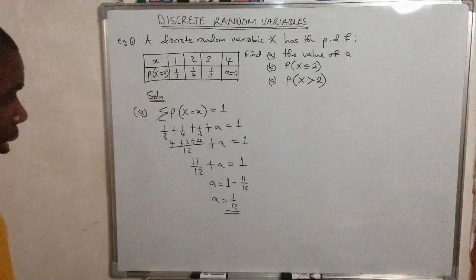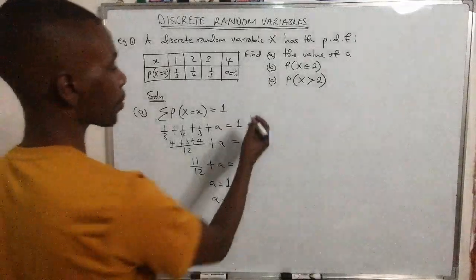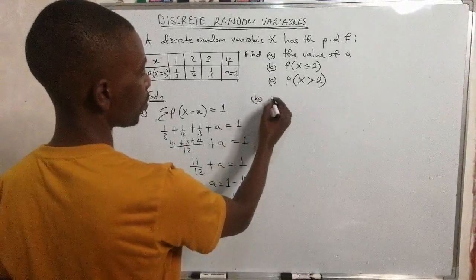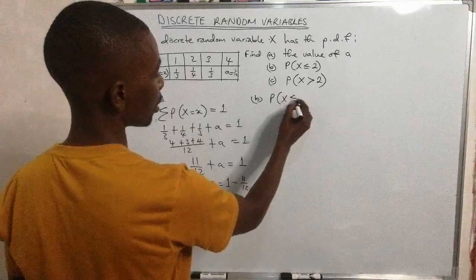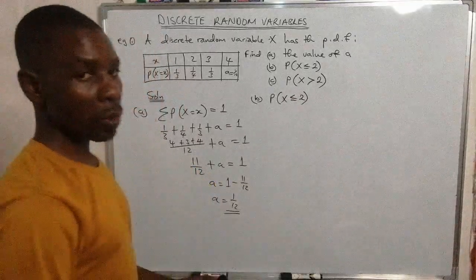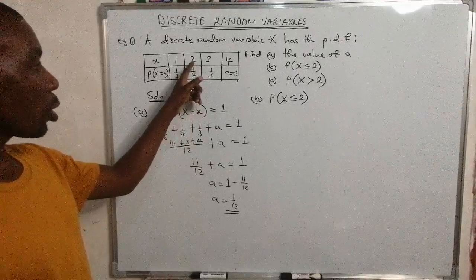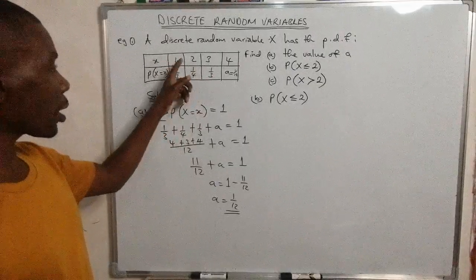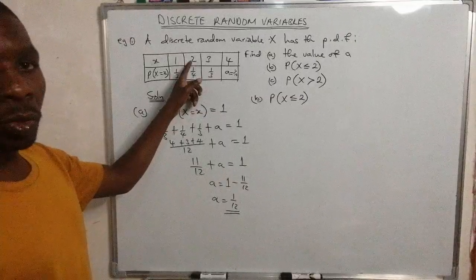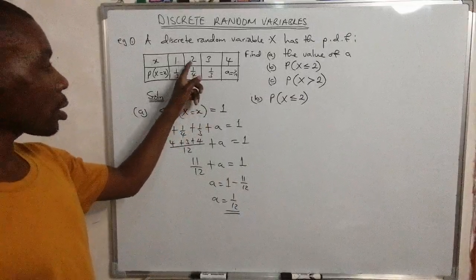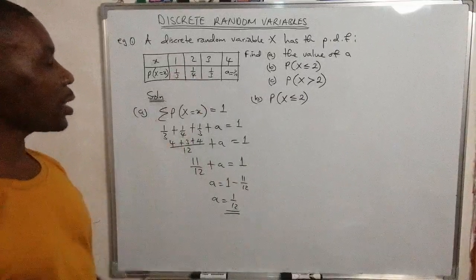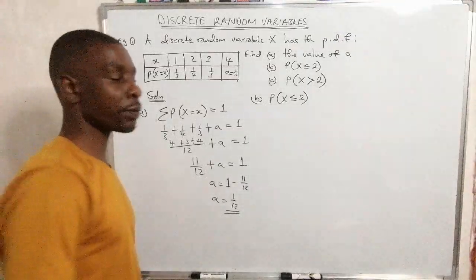Since we have our a now, we can answer part b. Probability of x less than or equal to 2. We are considering all values less than or equal to 2, which means 1 and 2. So we add the probabilities, 1 over 3 plus 1 over 4.